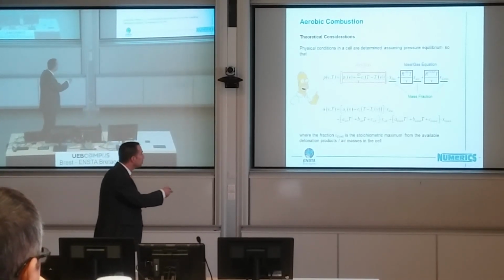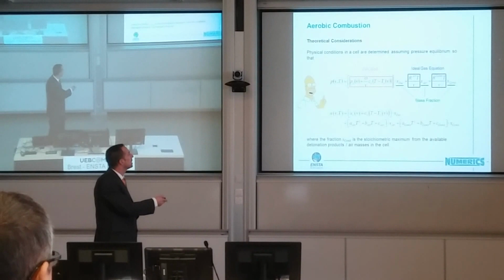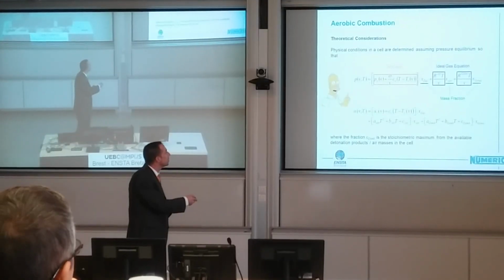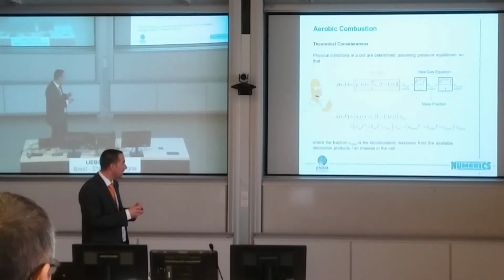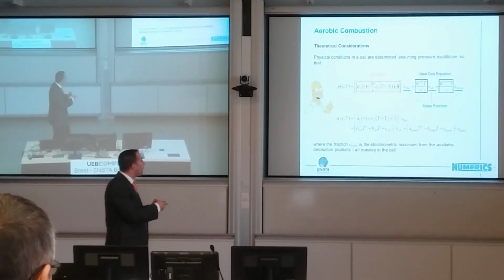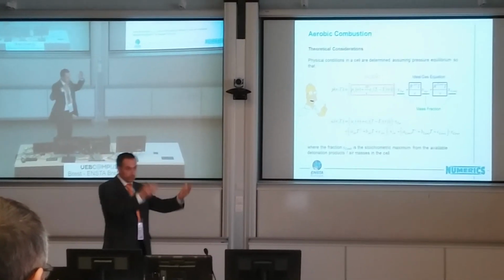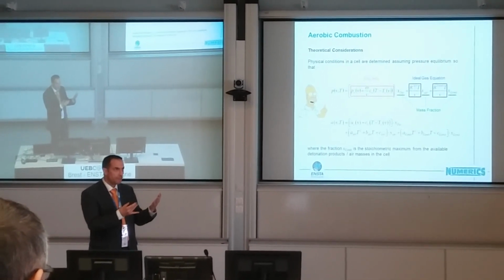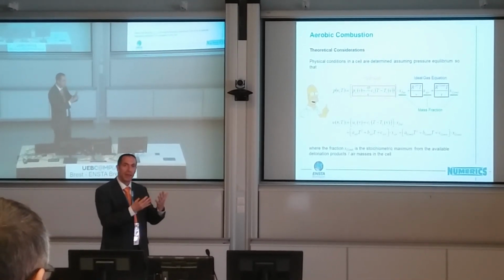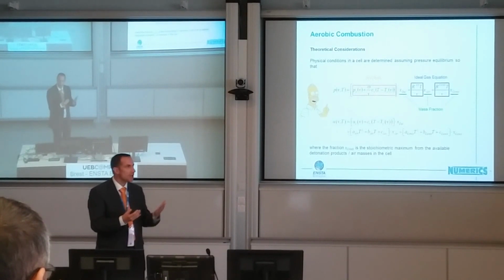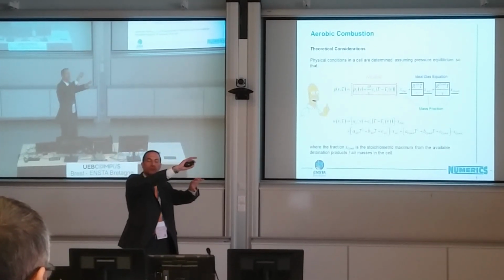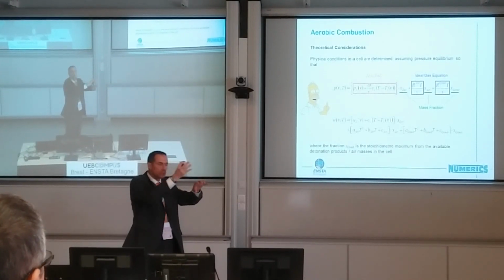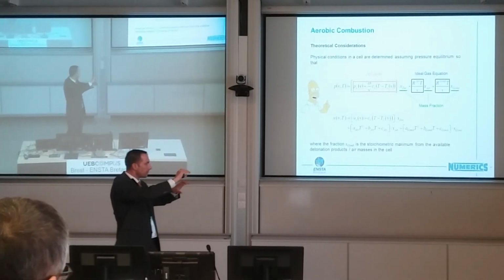Here we have the JWL equation of state, and we have the ideal gas equations for the detonation products and the combustion products. Now, we take the stoichiometric mixture and see what we can make out of the materials we have in the cell. We have a certain mass of detonation products, with a certain mass of air, with a certain mass of oxygen.